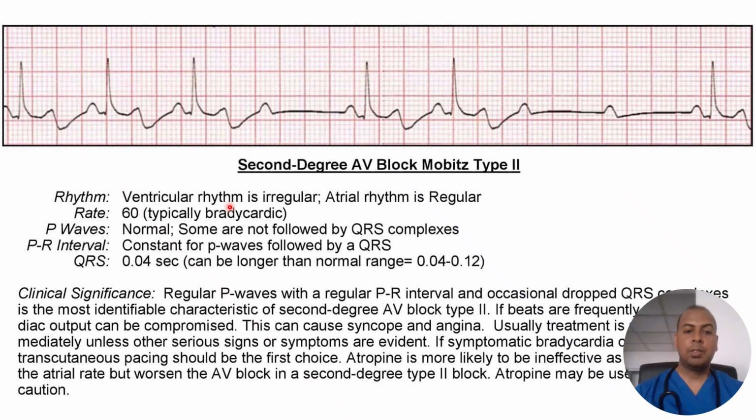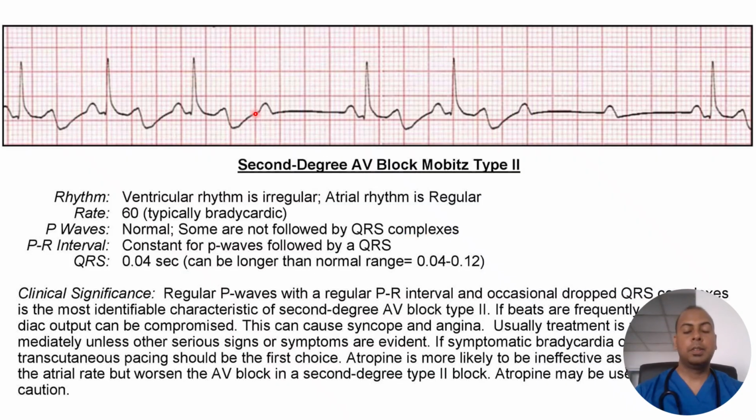The ventricular rhythm is irregular. You can see there are differences in the RR interval between every QRS complex here, so that makes it irregular. The rate is 60, typically bradycardic. P waves are normal, but some are not followed by QRS complexes.